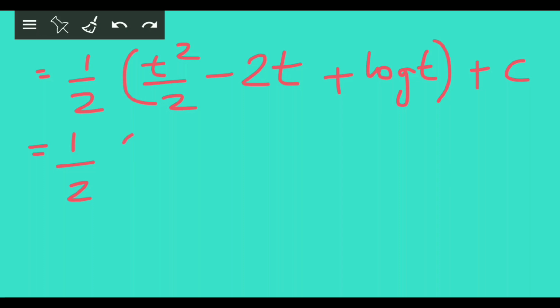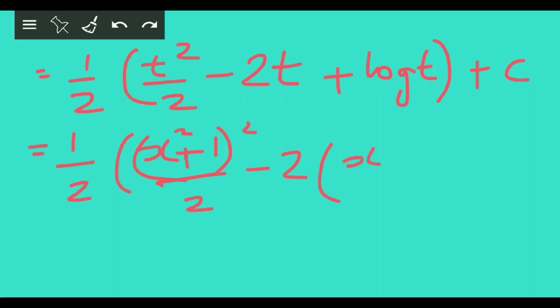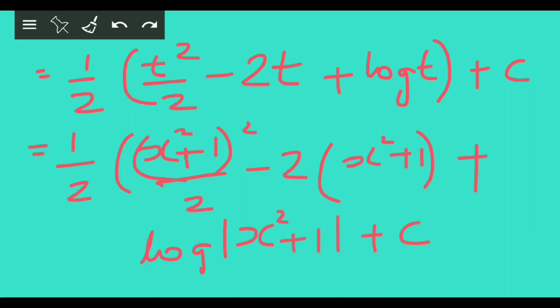We can put the value of t here. t is actually x square plus 1. So we get x square plus 1 the whole square upon 2 minus twice of, again t becomes x square plus 1, plus log of mod of x square plus 1. And this becomes our answer.